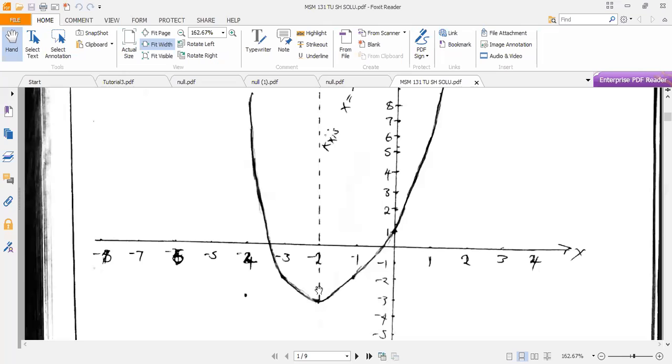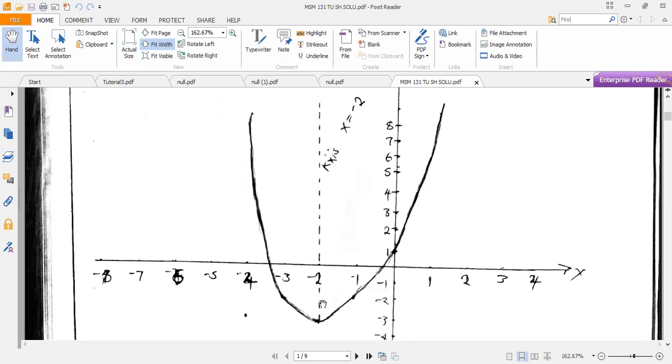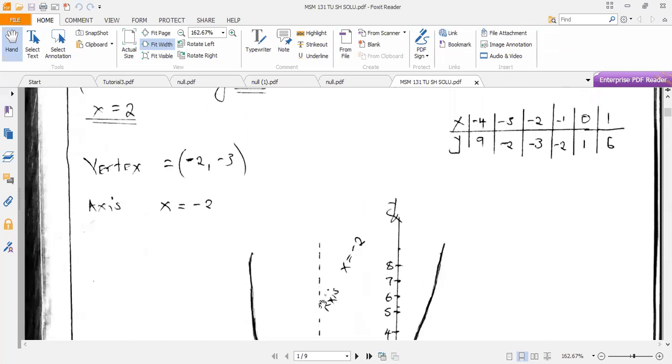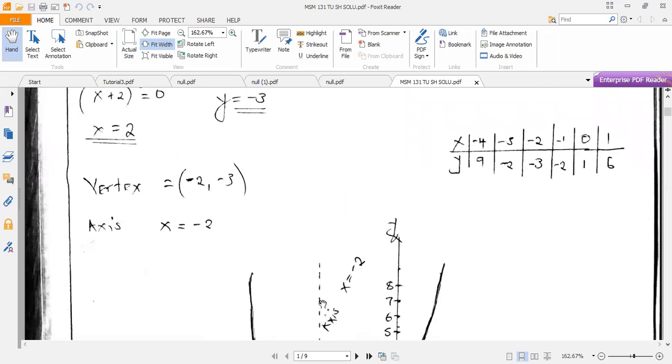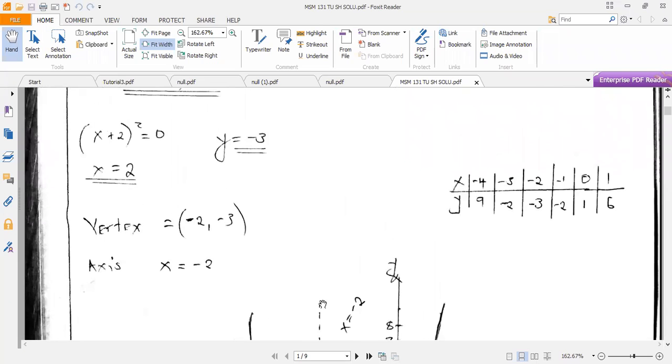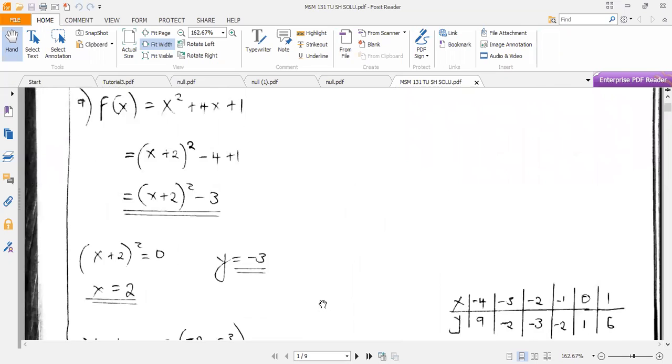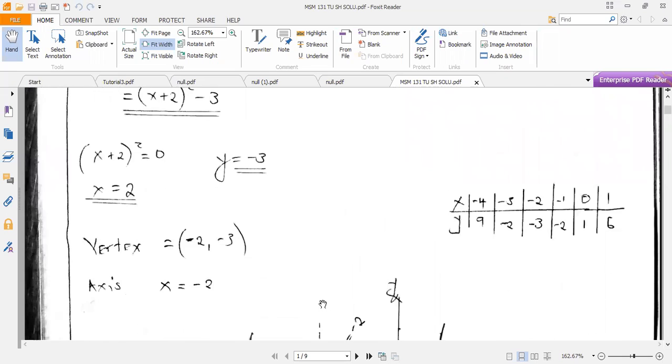But you don't know the other values, and even if it's a sketch, you need to know them. The fact that our A in this equation was positive tells us that the graph is facing upwards. That is cardinal information you need to know.